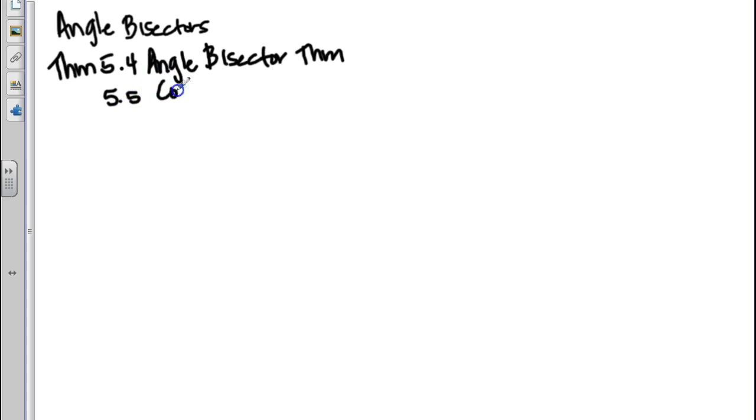All right, so here's two more theorems that you'll need. 5.4 is the angle bisector theorem. And remember, when you get into class, if you have questions on these or you need me to walk through these with you, make sure you have them in your notebook, and then we'll put some notes in there that will help it make a little bit more sense if you're still confused about it after we talk about it in class. So make sure these are in your notebook.